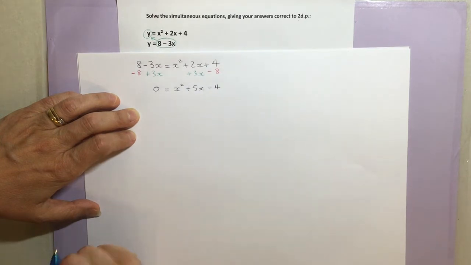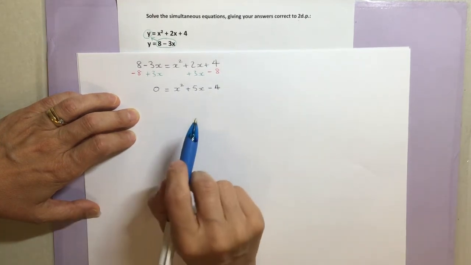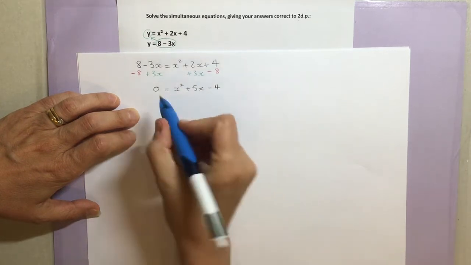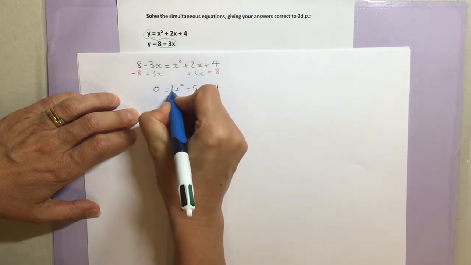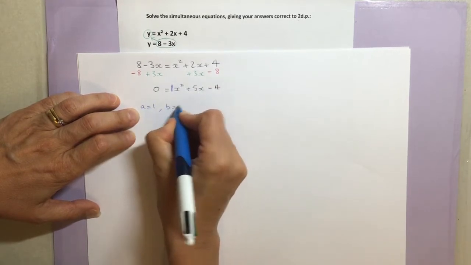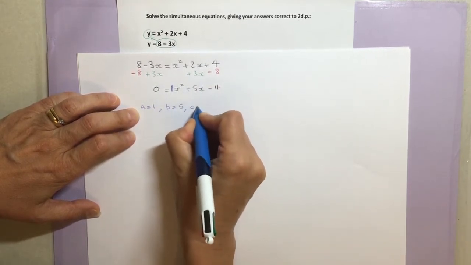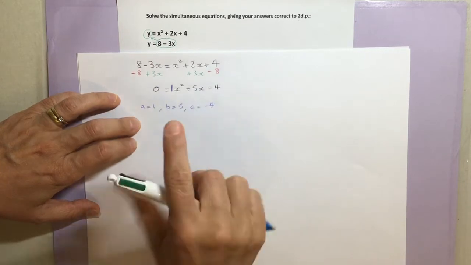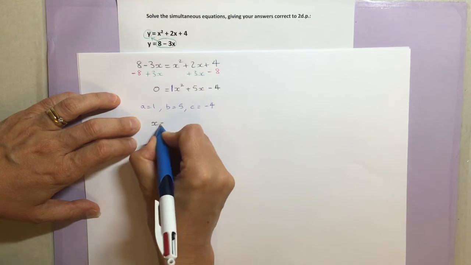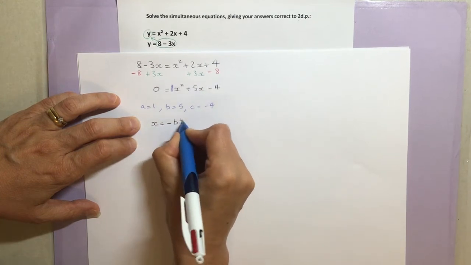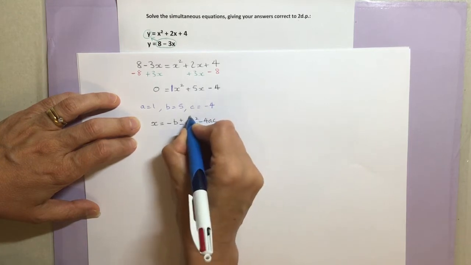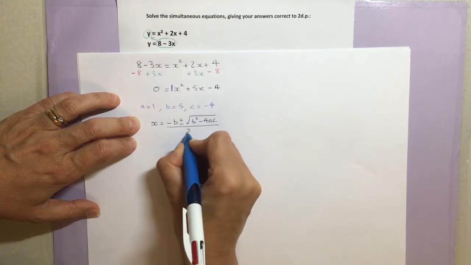Okay, and now I'm going to use the quadratic formula to solve this quadratic equation. Don't forget, if it's an x squared, I can always put a 1 there. So my value of a is 1, my value of b is 5, my value of c is minus 4. So let's write the quadratic formula down from the last lesson before half term. x is equal to minus b plus or minus the square root of b squared minus 4ac, all over 2a.